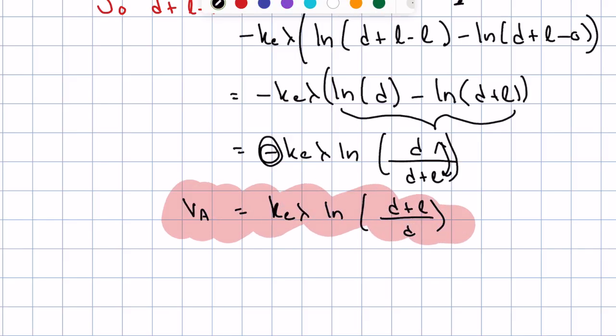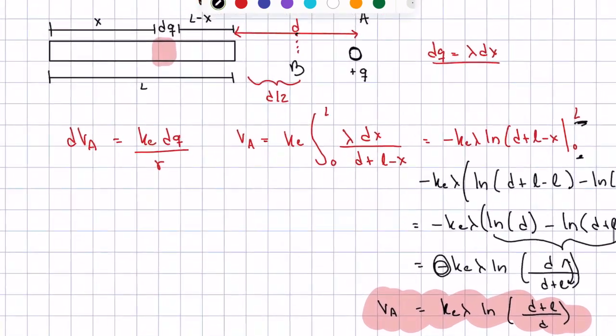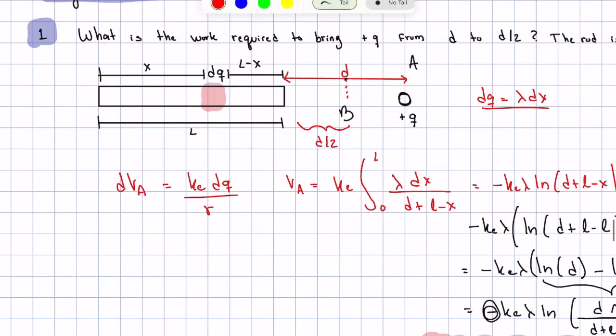We're going to do a very similar thing now for point B, where the only difference is r is equal to L minus x plus d over 2 now. Remember before it was L minus x plus d, now it's L minus x plus d over 2 because B is at this position right here.